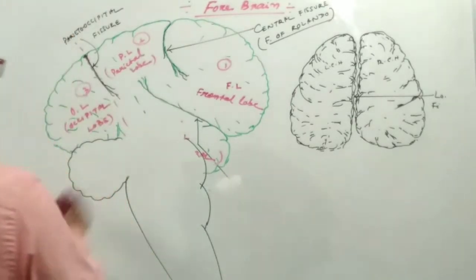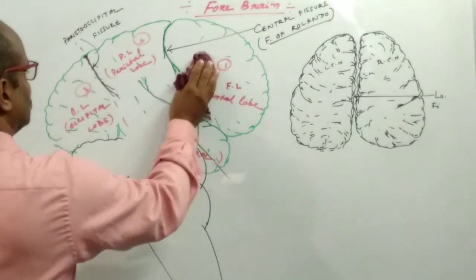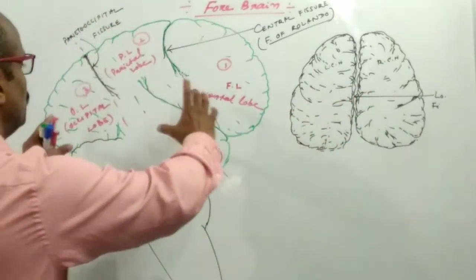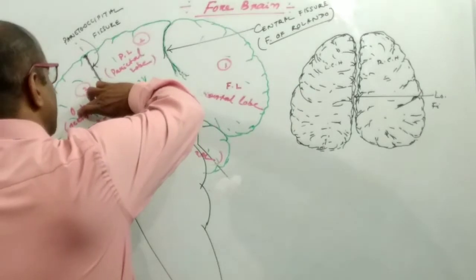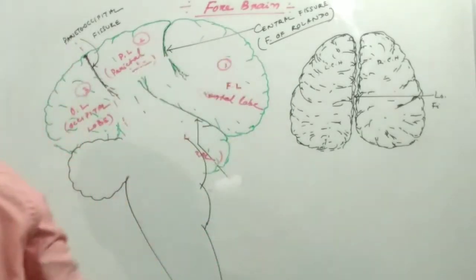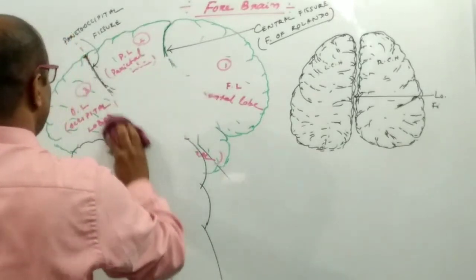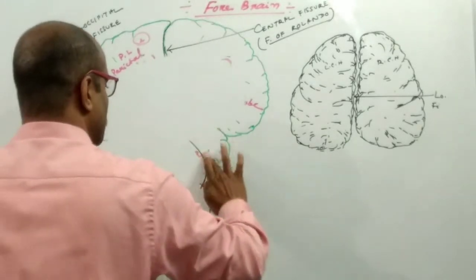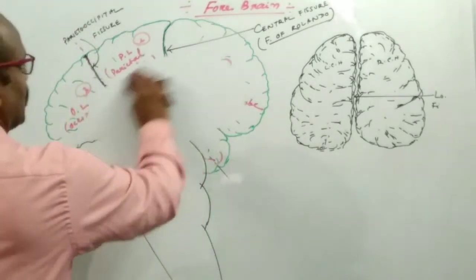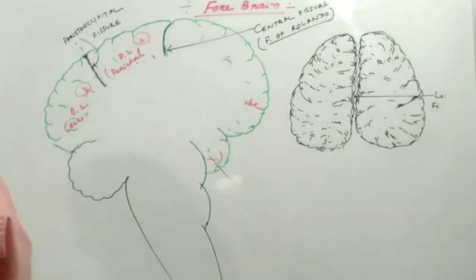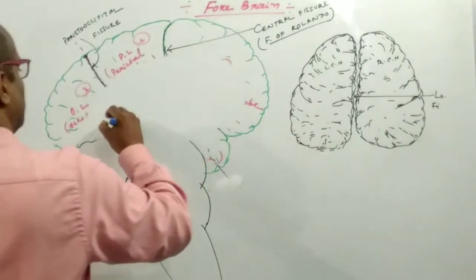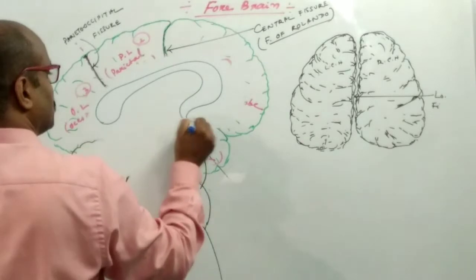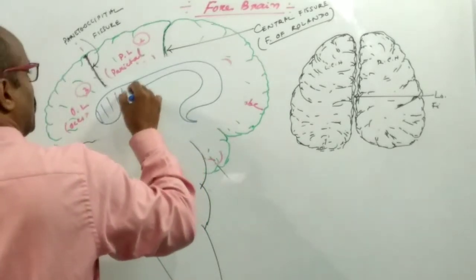The two cerebral hemispheres are present on a band of nervous tissue, which is known as the corpus callosum.